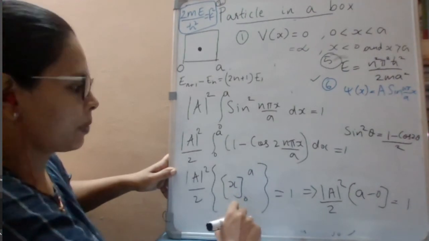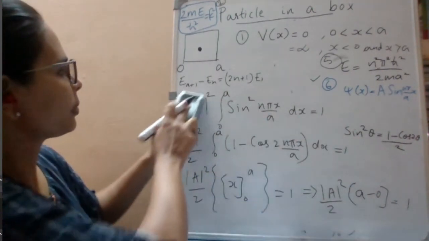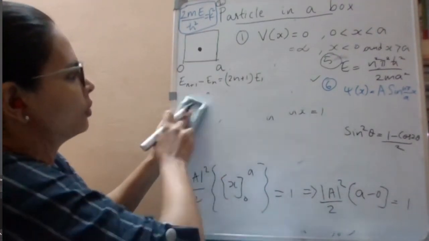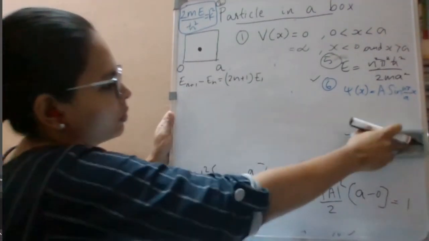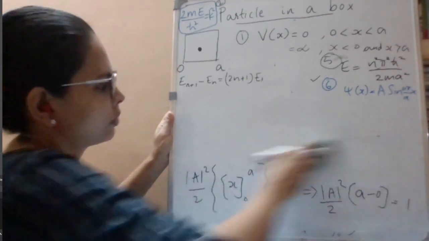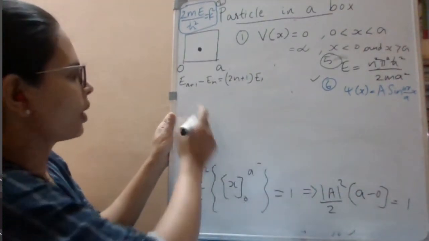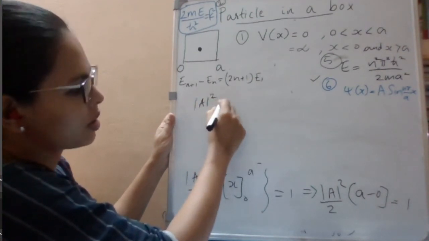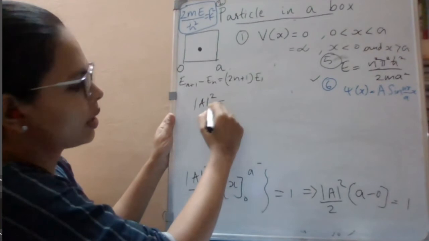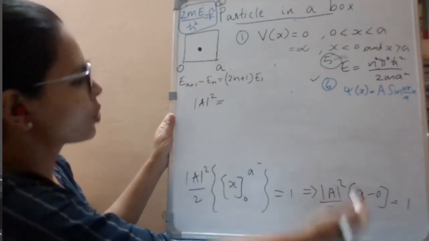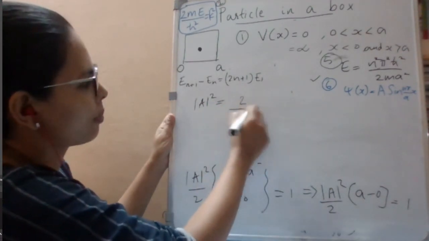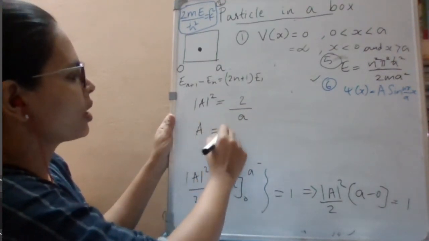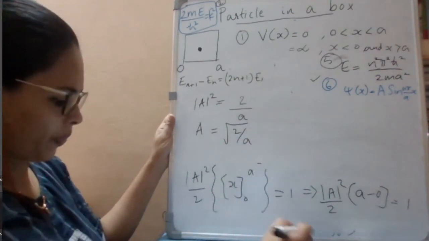So you have |A|² is equal to, I'll take a and 2 to the right hand side, so 2 comes up and a comes down. So A is square root of 2 by a.